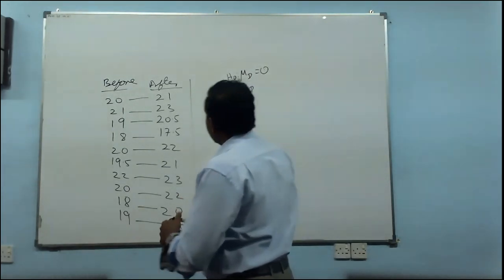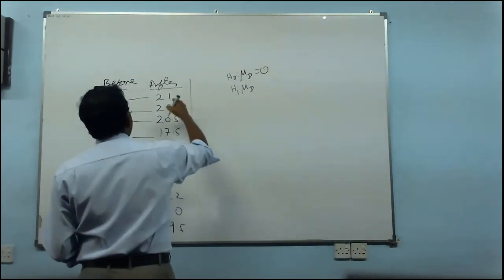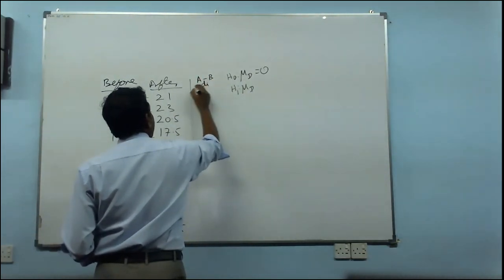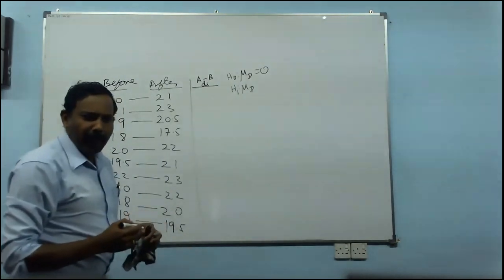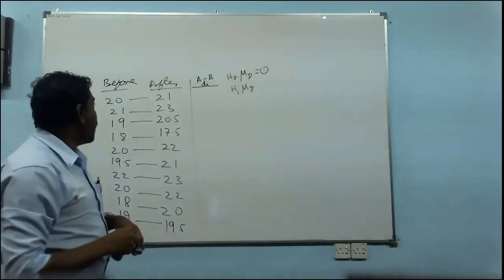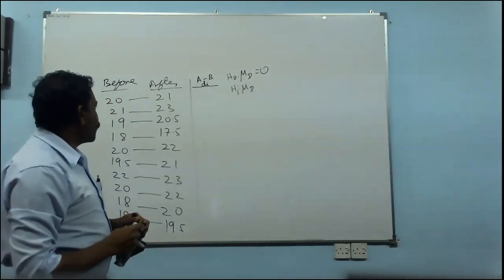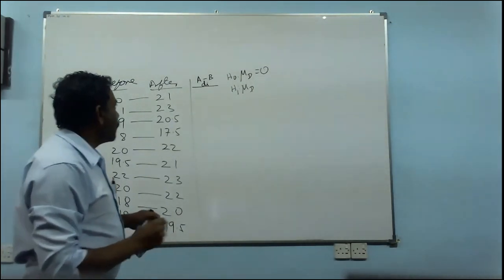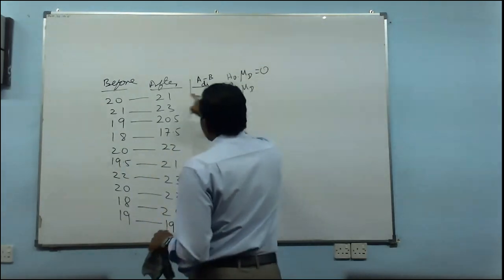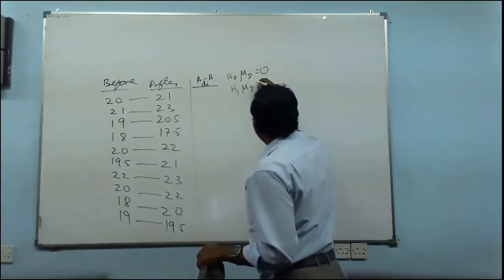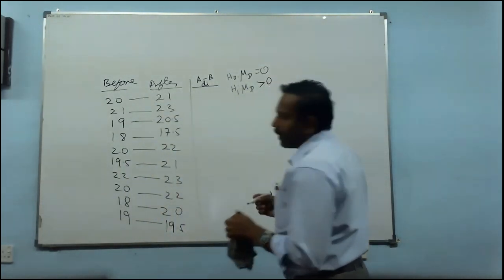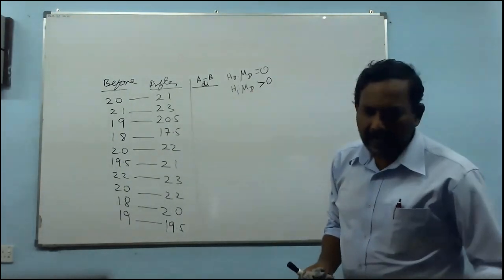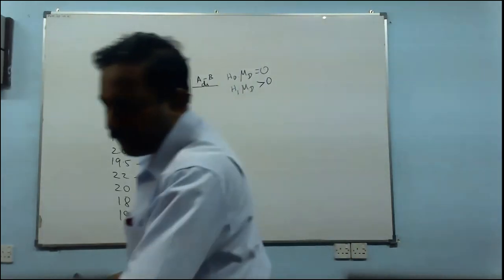Here, let's say I take after minus before. If you take after minus before, usually the after value is high, right? So we could say, if I have a positive value, then there is an effect by the hormone on increase of milk yield. Right?